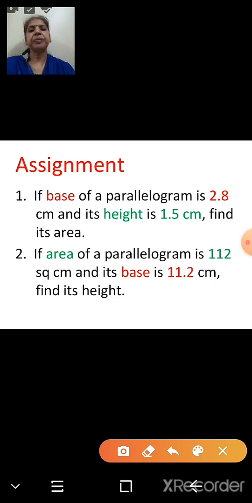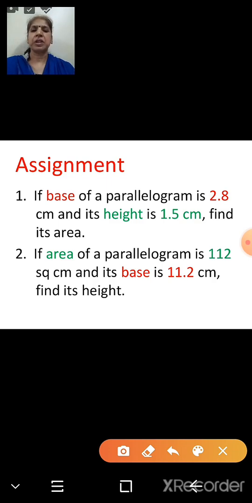Next question. Here area is given. Area of a parallelogram is 112 square centimeters and its base is 11.2 centimeters. Find its height. Write given: area of parallelogram 112 square centimeters, base 11.2 centimeters, to find height of the parallelogram. Then write the solution. Area of parallelogram is base into height.